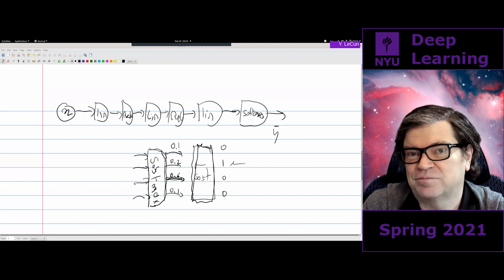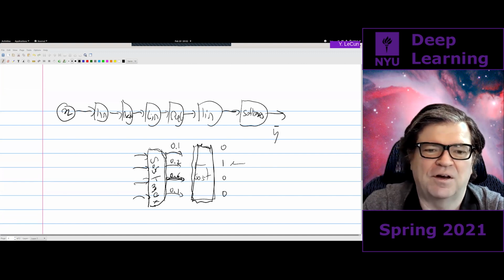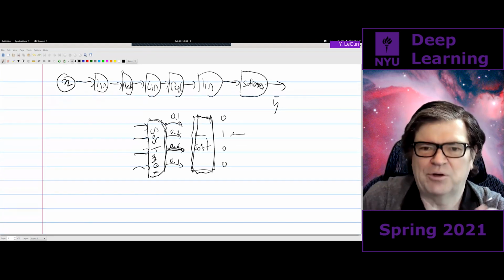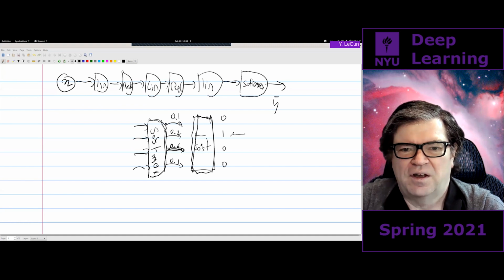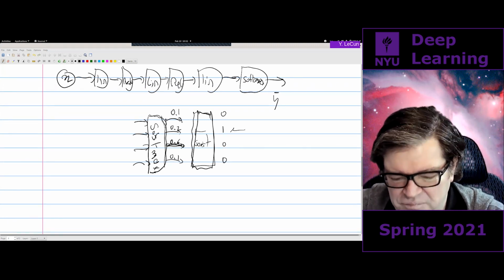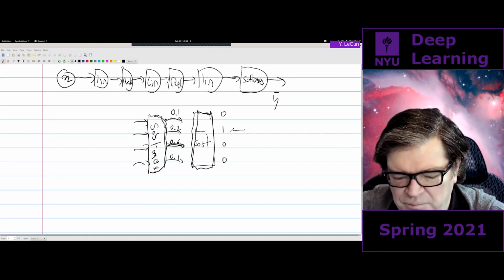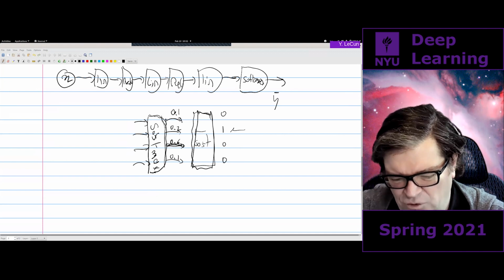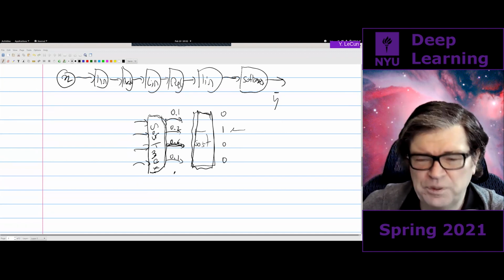And that might work. But in classification, people use something called cross entropy. And that involves log softmax, okay? So before I go there, I want to tell you something about this. So what happens here is that all those numbers compete with each other, right?